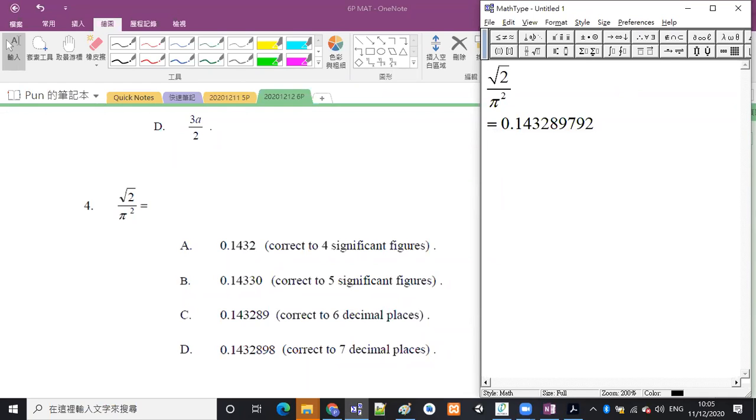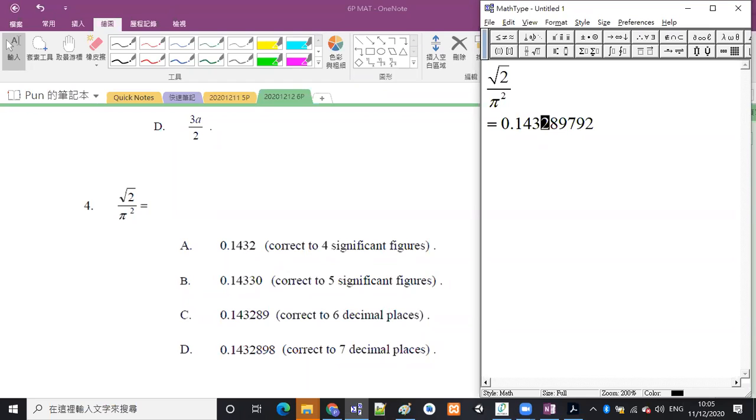And then we need to check every option. If it is correct to 4SF, the first significant figure is 1, and then second, third, and fourth. And then we need to check the next digit, whether we should add 1 or not. If it is correct to third, it is by rounding off.